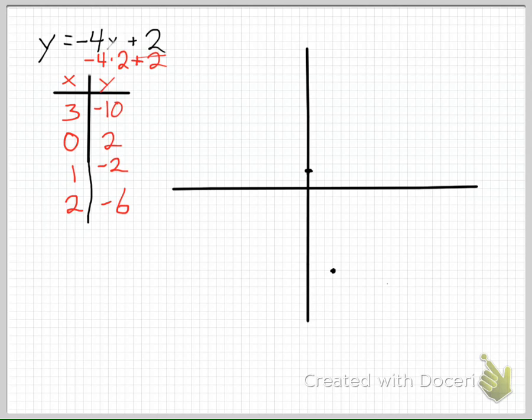All right, our next one we have is 1, negative 2. So I'm going to the right 1 and down 2. And then our last one is 2, negative 6, so I'm going to the right 2 and down 6.